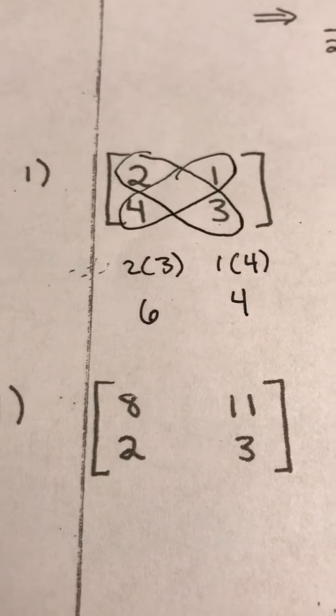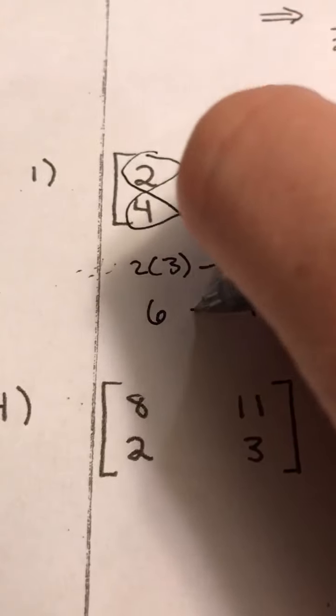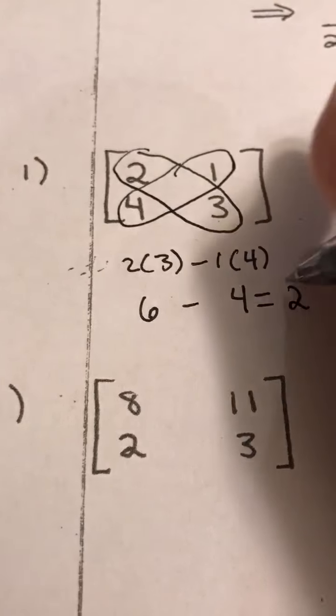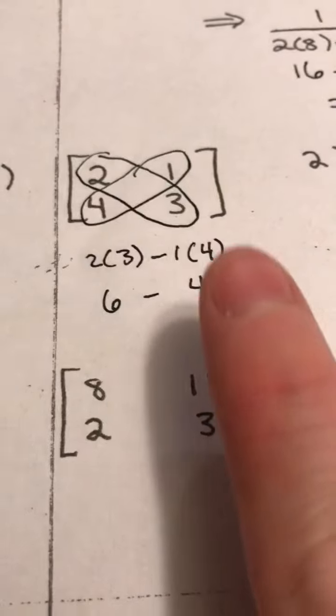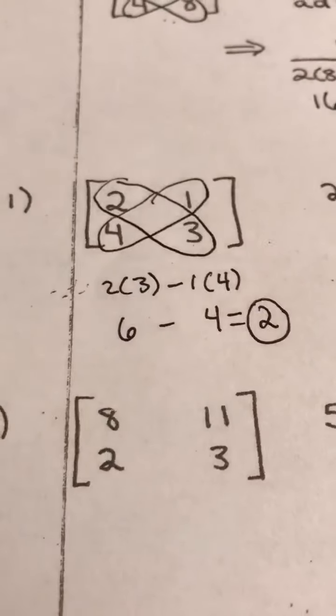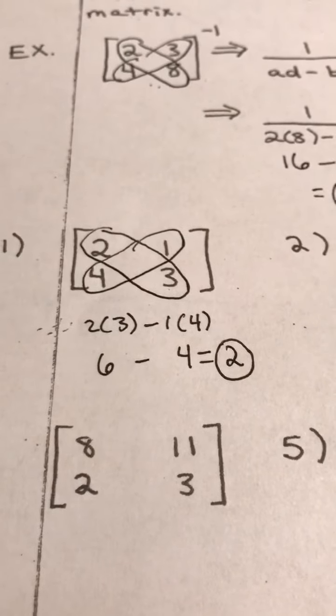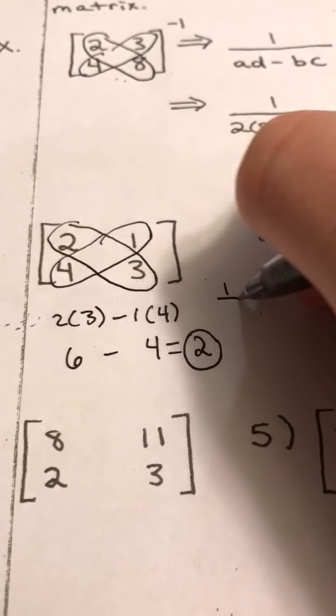At the very end, I subtract them, and whatever I get, that's going to be my answer. But that's not where I stop. The next thing I have to do is take this number that I have and put it at the bottom of the fraction. So you should get 1/2 for this.